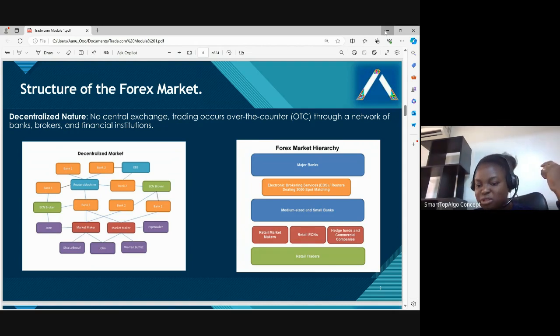Depending on the money you have, you could be at this level or this level. But if you're just looking to make money from speculation, then you can remain at this level, which is a retail trader. So that is the structure of the Forex market.